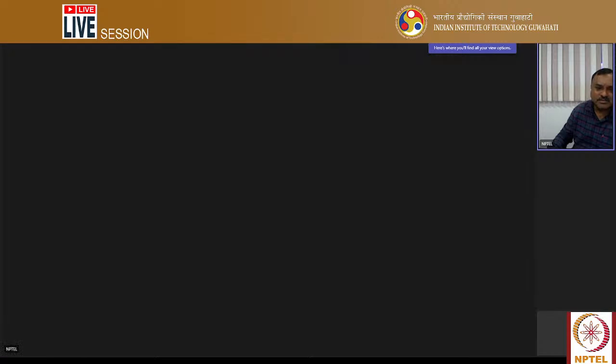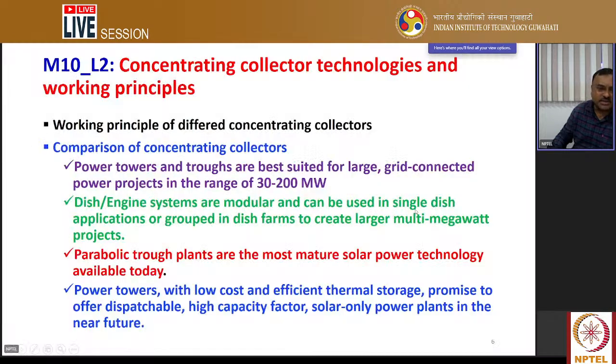Engine systems are modular and can be used in single-dish applications or grouped to create large multi-megawatt projects. Parabolic trough plants are the most mature solar power technology available today. Power towers with low-cost and efficient thermal storage promise to offer dispatchable, high capacity factor, solar-only power plants in the near future. These were elaborated in this lecture.